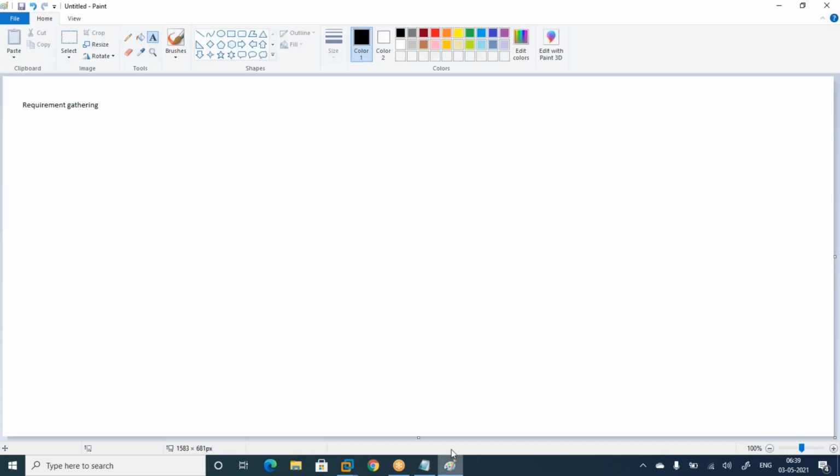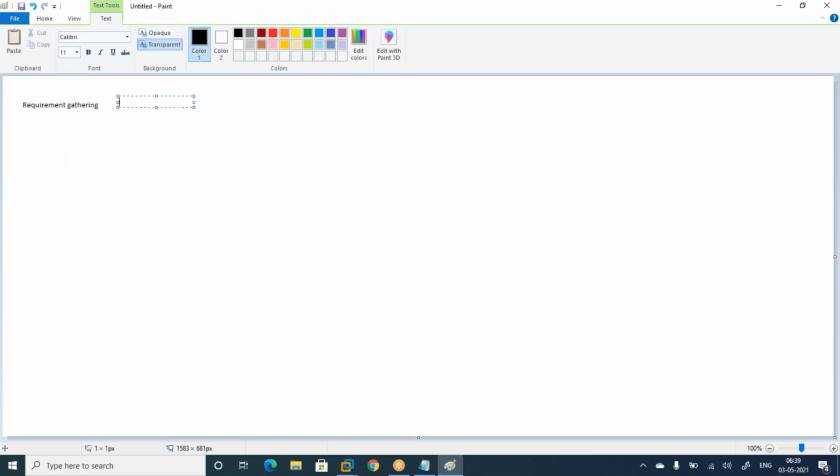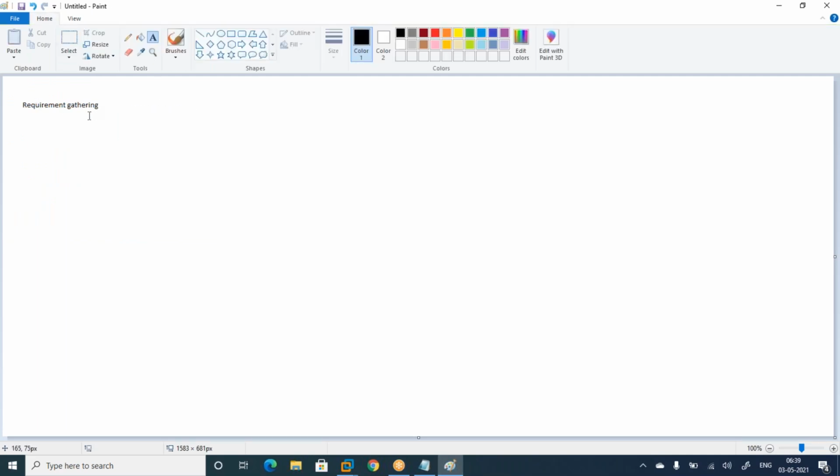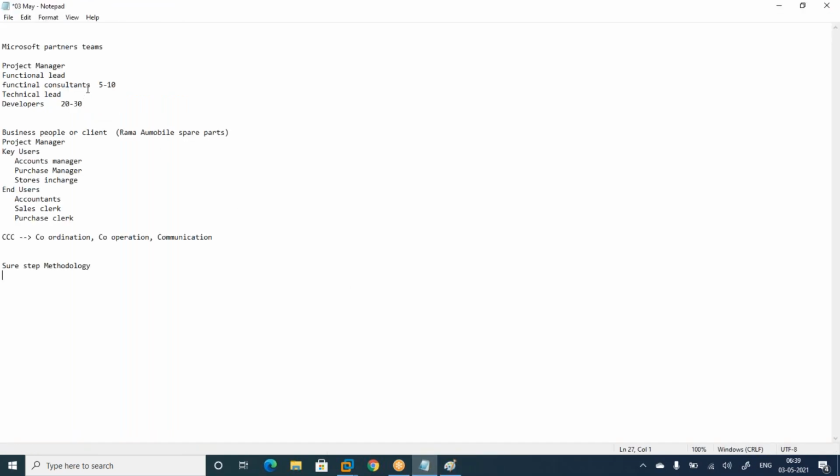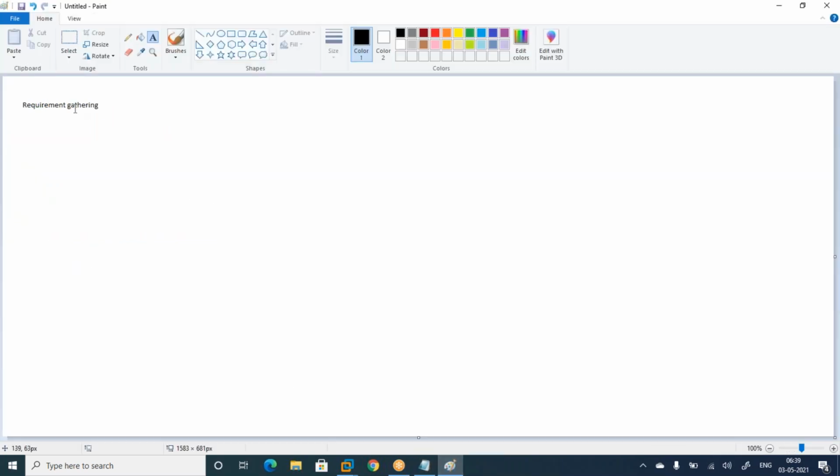Okay, now I'm explaining the generic implementation methodology. First one is requirement gathering. Functional people from the partner side will come here and understand the business. They will ask some questions and take the information into their notepad or notebook, whatever it may be. This is requirement gathering.